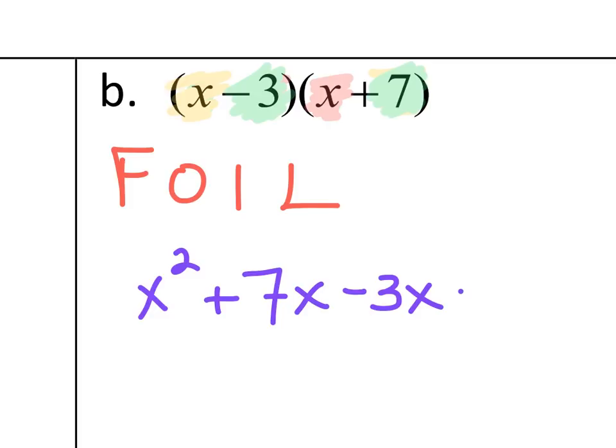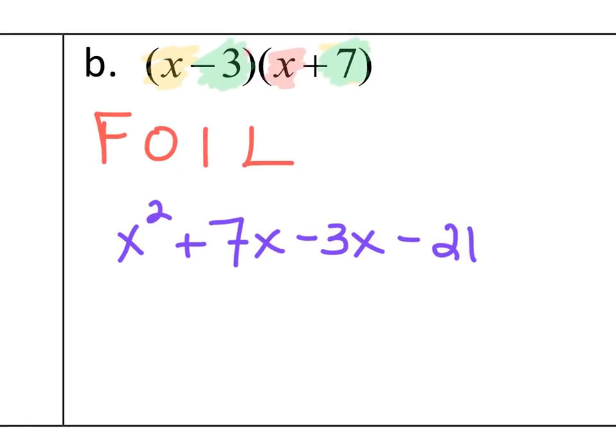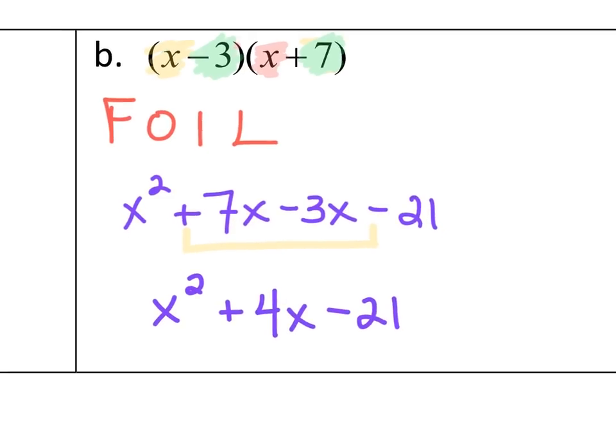Negative 3 times positive 7 is negative 21. And typically with problems where you're multiplying a binomial times a binomial and you use FOIL, you're going to end up needing to simplify the middle 2 terms, which will be like terms. Not always, but often. And so the answer to this problem is x squared plus 4x minus 21.